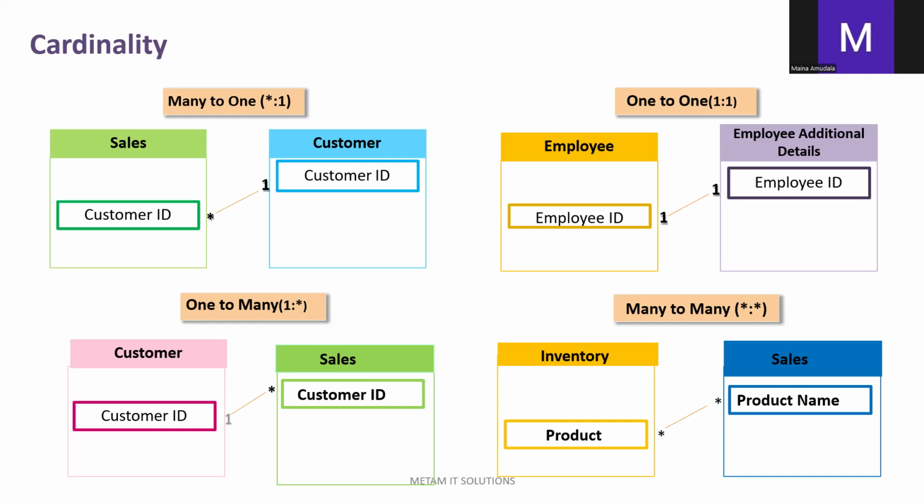There are four different types of cardinalities, and based on the data we have imported, it can form the relationship between those tables. This is about the relationships in Power BI.